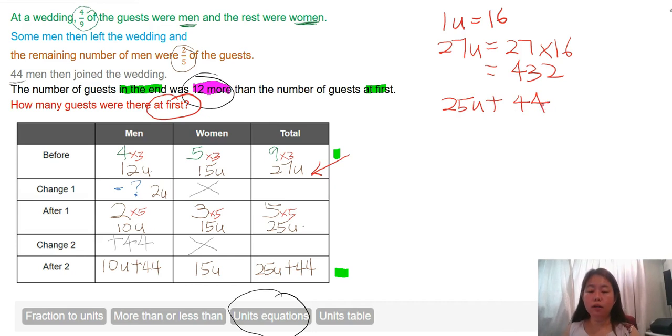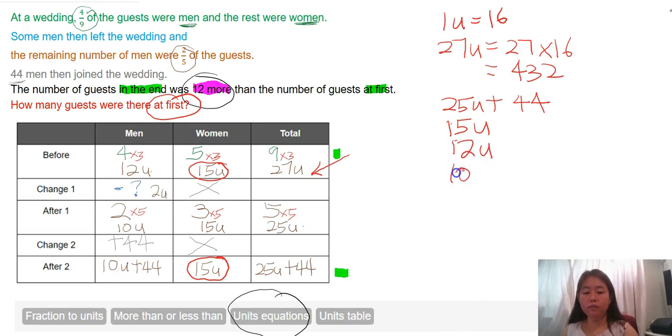We can also find out how many women were there at first, which is 15 units. How many women were there in the end? It is still 15 units. We can ask how many men were there at first, which is 12 units. How many men in the end, which is 10 units, plus 44.